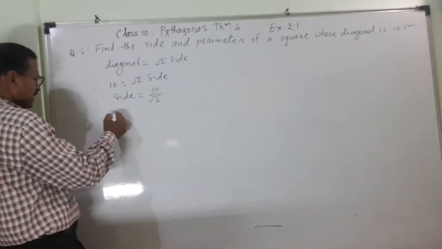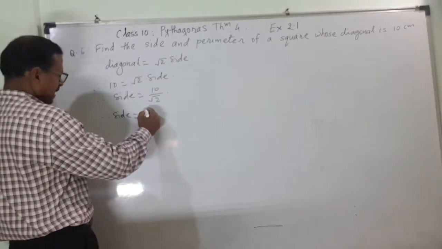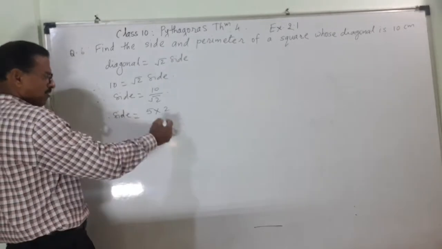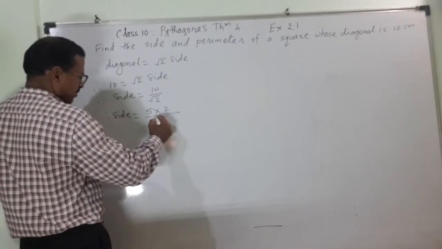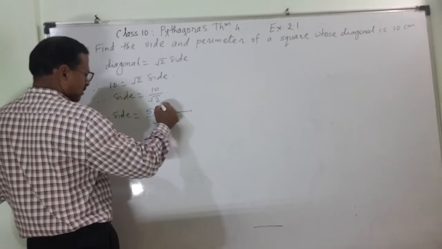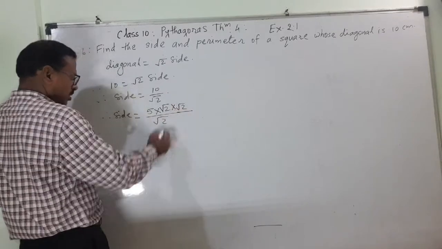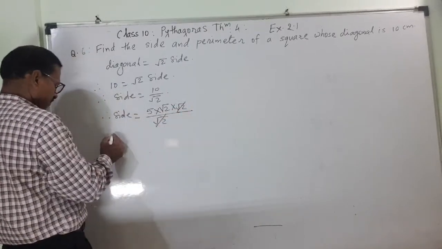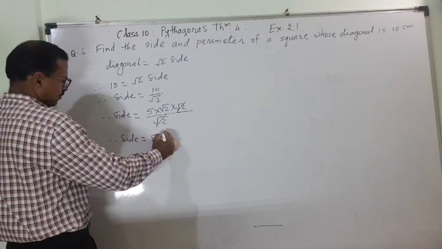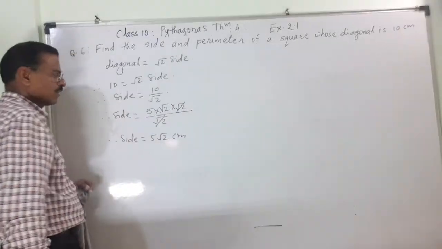Therefore, side is equal to, this 10 I can write like this, 5 into 2, and this 2 I will write like this, root 2 into root 2. So 5 into root 2 into root 2, root 2 cut. Therefore, side is equal to 5 root 2, and it is in cm, so I will write in cm.